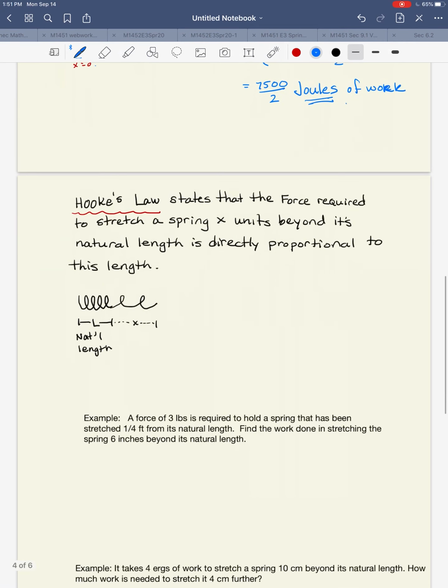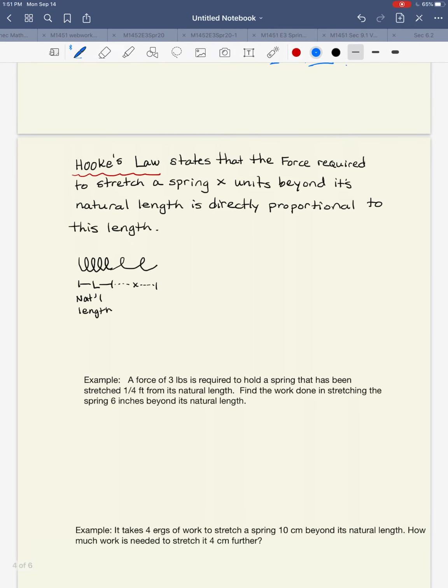Okay, I've got another example for you. Now we're going to talk about the work done in stretching or compressing a spring. Every spring has a natural length, and Hooke's law states that the force needed to either stretch or compress that spring x units beyond its natural length is directly proportional to that distance that it's being stretched or compressed, which says that force is directly proportional to the distance.